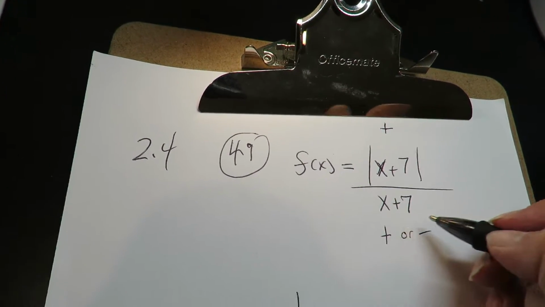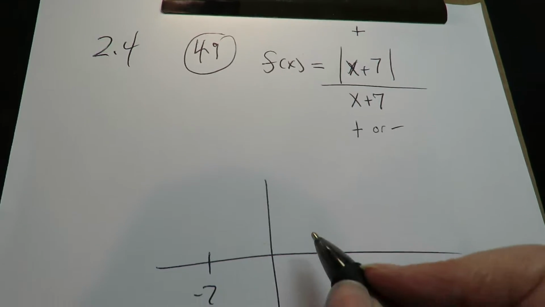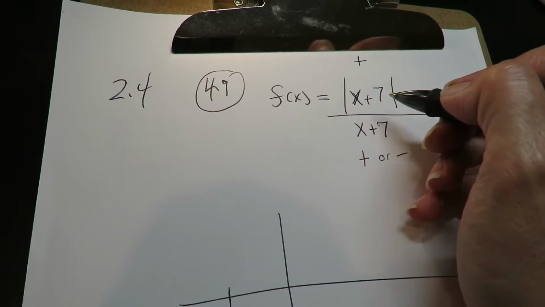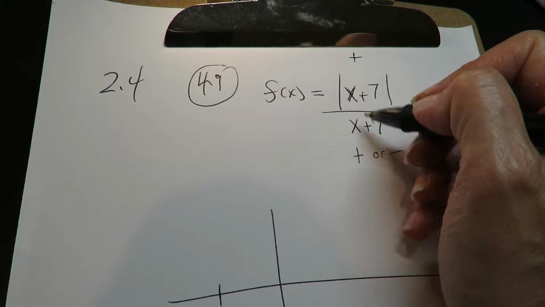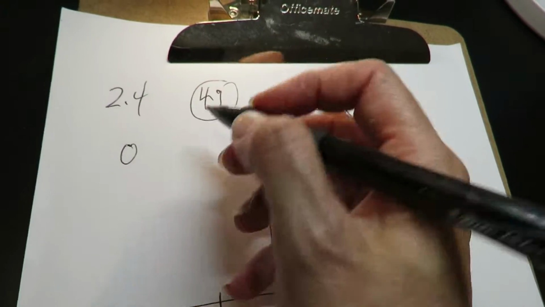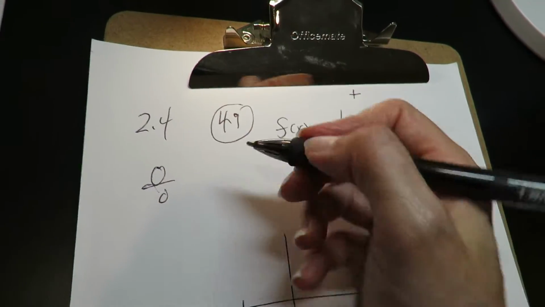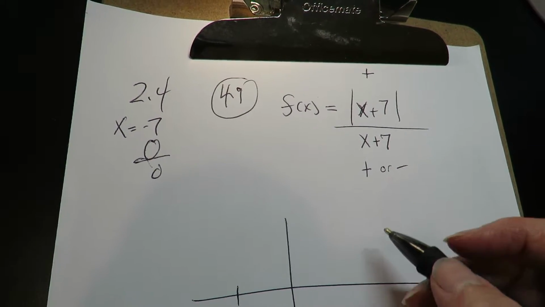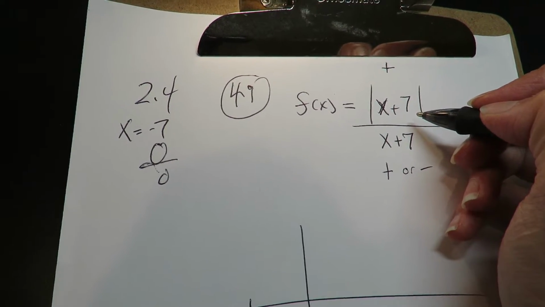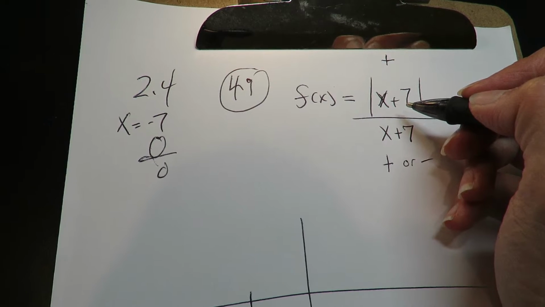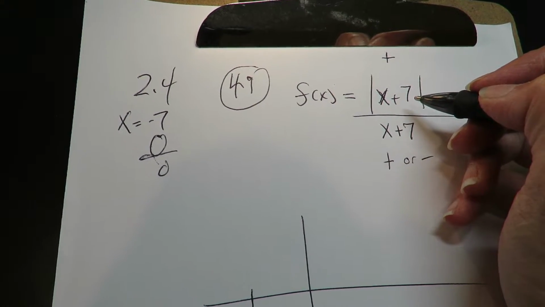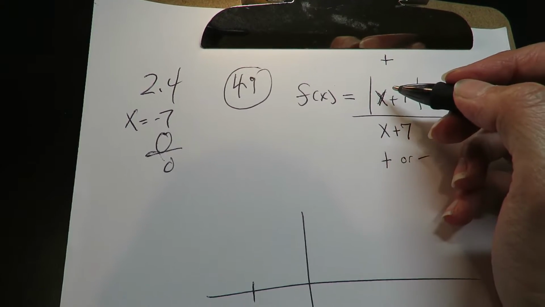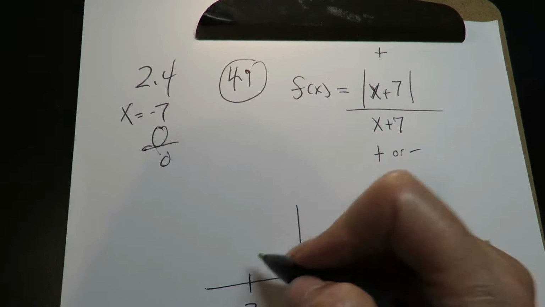So what that means is that if you stay to the right, you can't, for instance, use -7 because at -7 it's indeterminate. So when x equals -7, it's indeterminate. You can't actually use -7, but if you use something greater than -7, like -6, you'll notice that both sides will be positive.